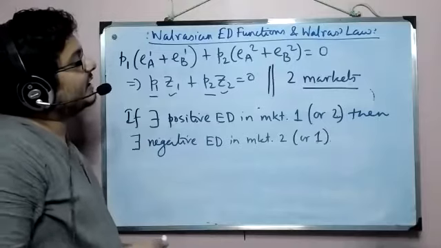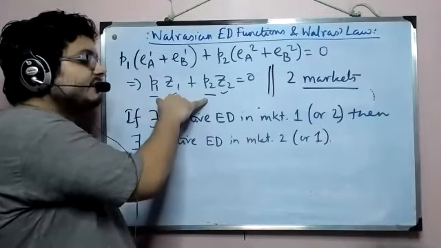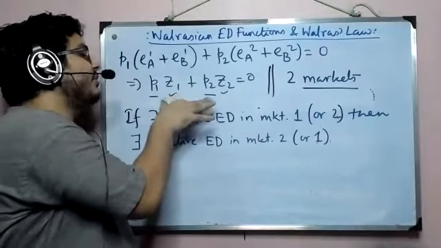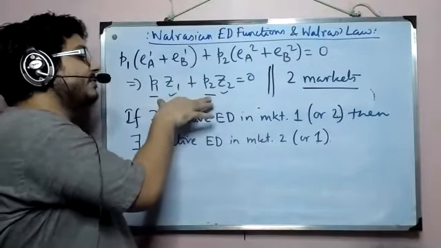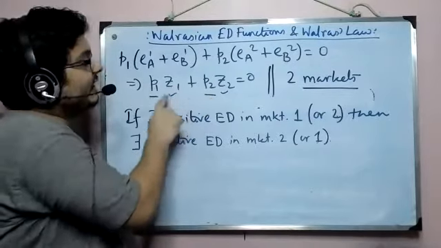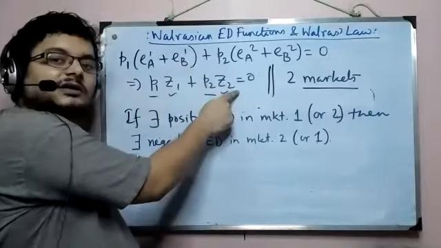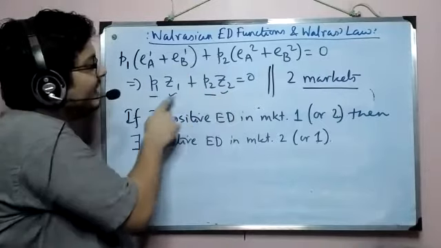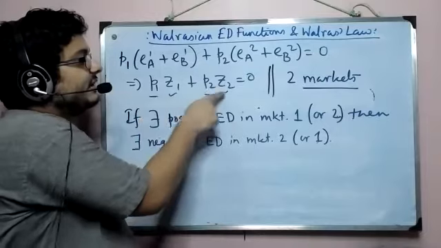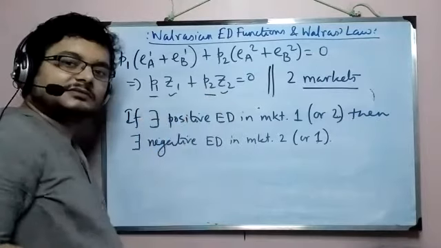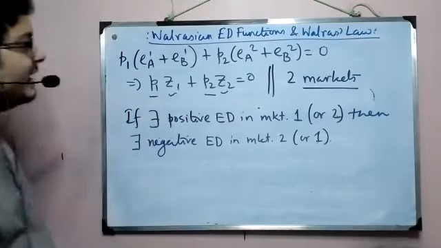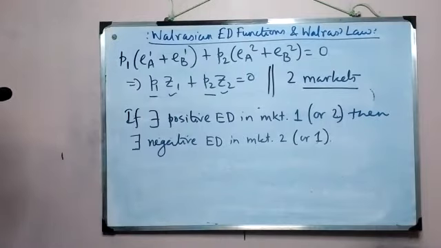But if I take P1, P2, both of them positive, then the only way this equation equals 0 is that if I have excess demand here, then I have excess supply here, okay? And that comes directly from the budget constraint.